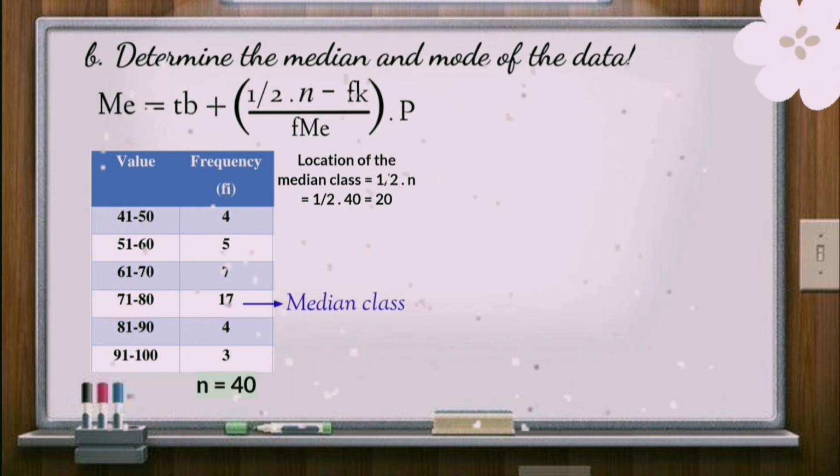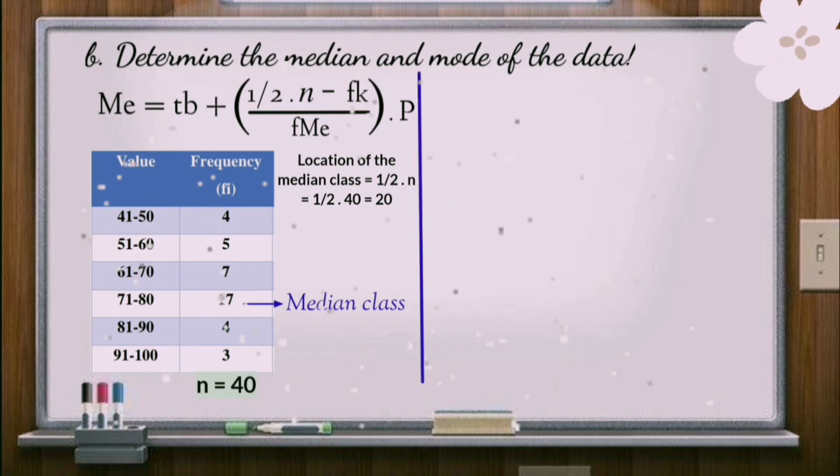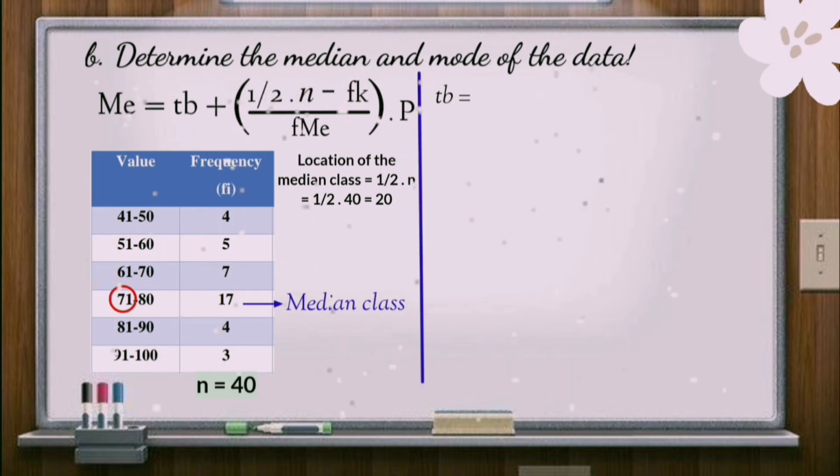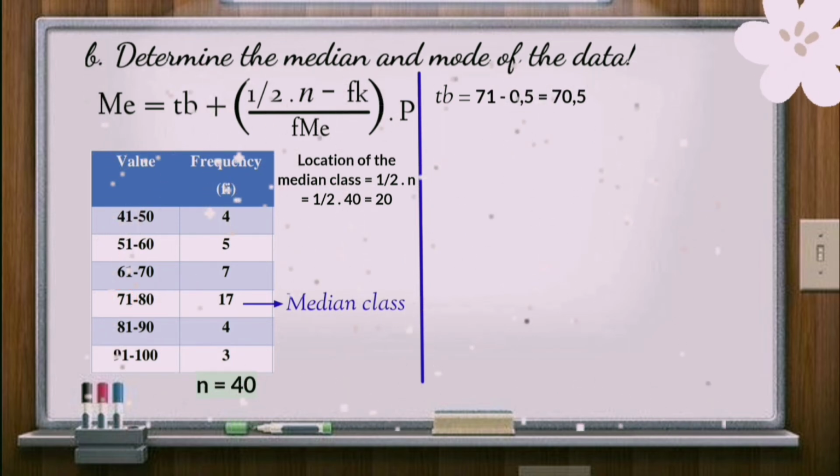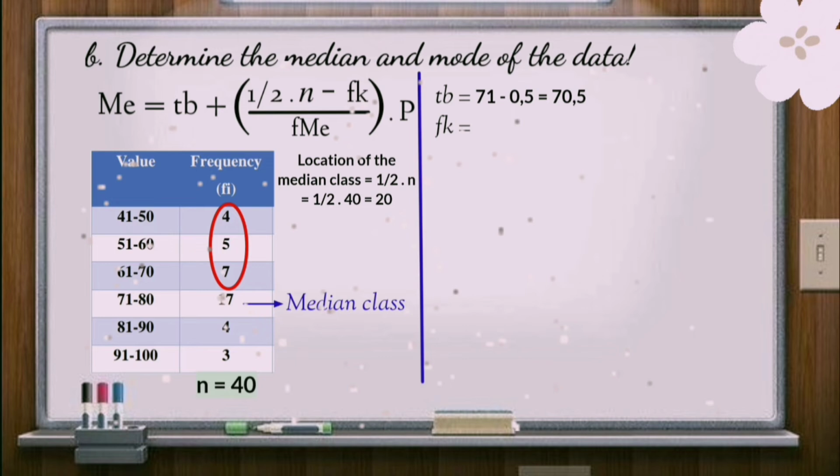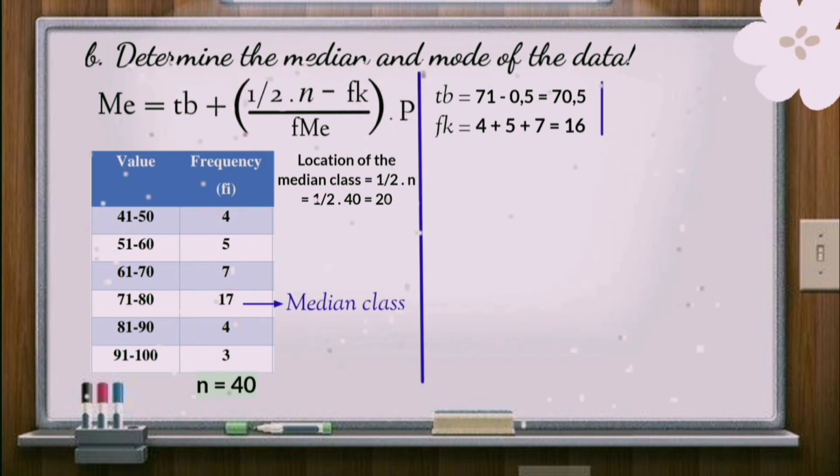After obtaining the median class, we determine TB, or its lower edge. TB is obtained from the lower limit minus 0.5. Then 71 minus 0.5 equals 70.5. Then we determine sigma fk, the number of frequencies before the median class. 4 plus 5 plus 7 equals 16.